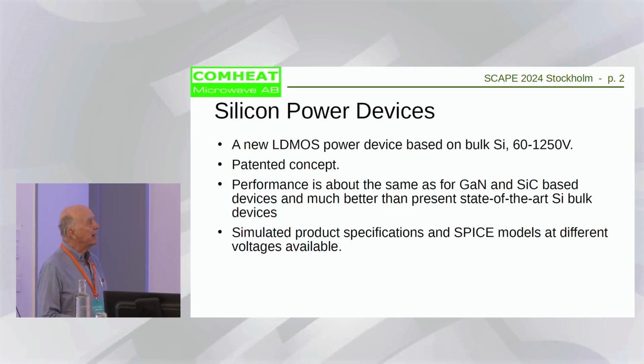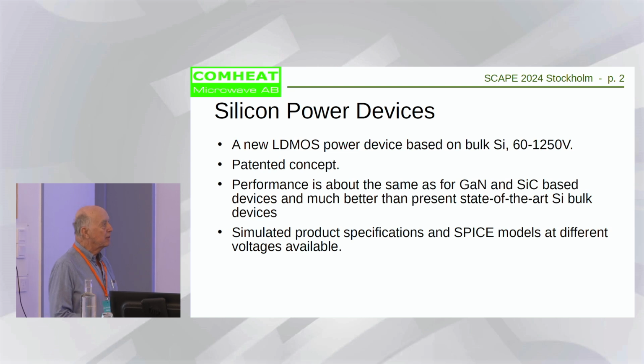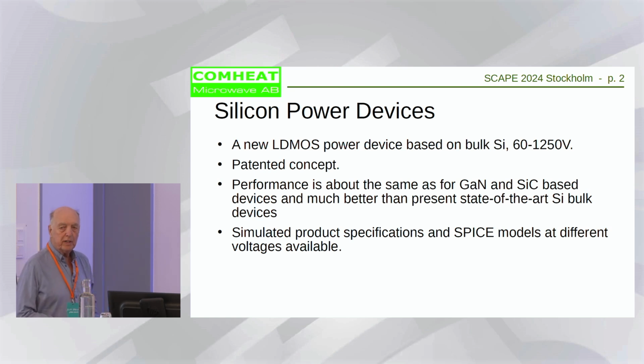Yes, we are working on a new silicon-based LDMOS device based on bulk silicon. We have reached breakdown voltages from 60 to 150 volt. This is based on a new concept, so it's actually not a conventional LDMOS. We have added a lot of features for improved performance.